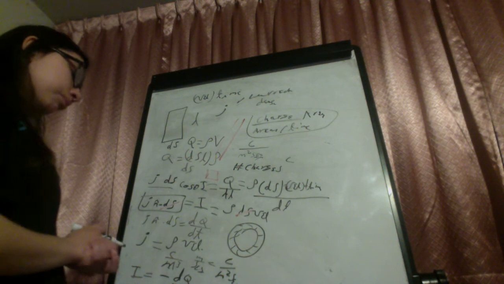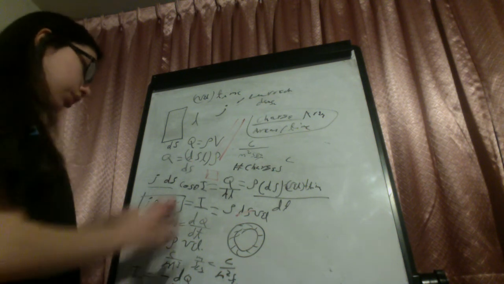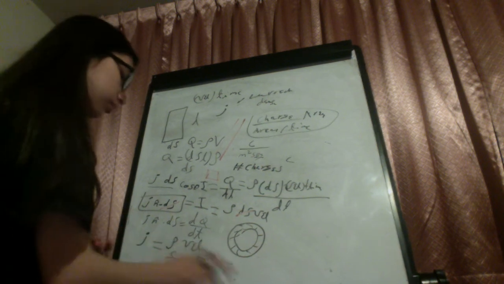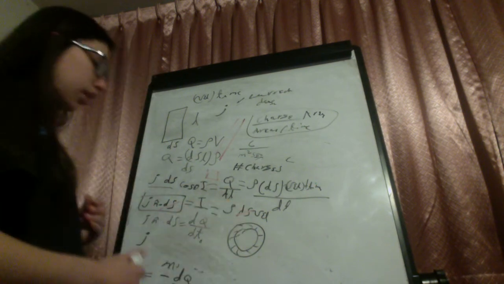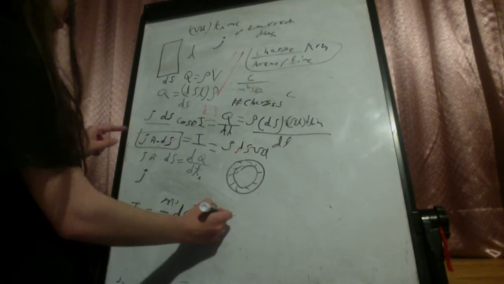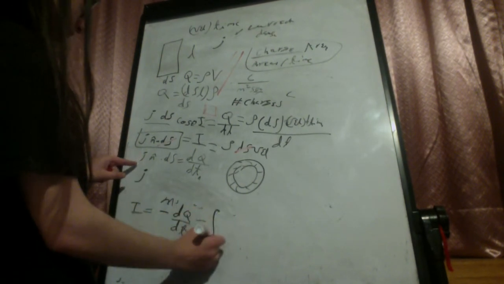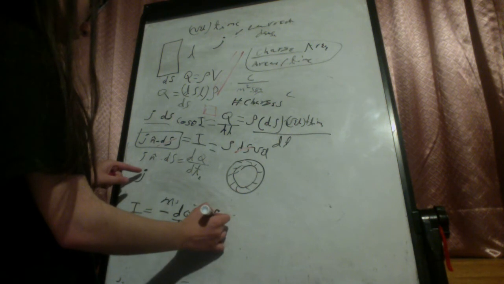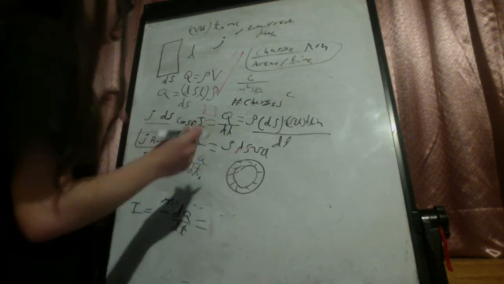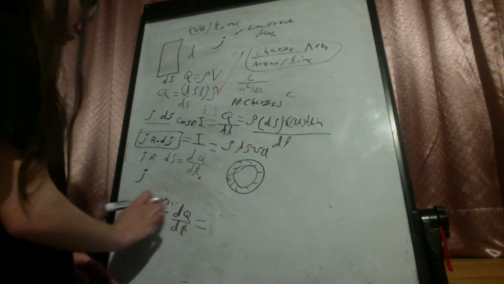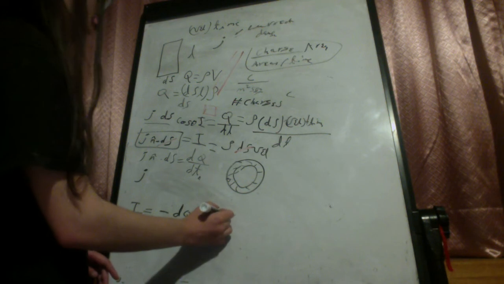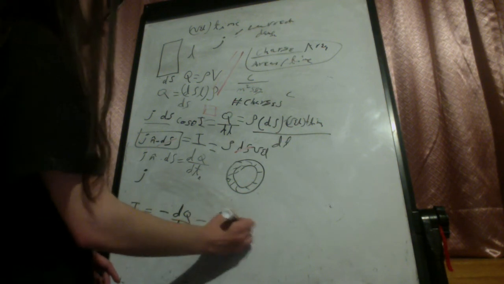And also the current is equal to the flow of the charges, per unit of time per unit of area, the surface. Well, here I took an infinitesimal surface, so I will continue with the infinitesimal surface. So it would be just J dS.